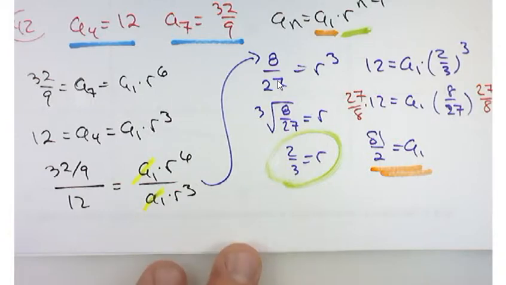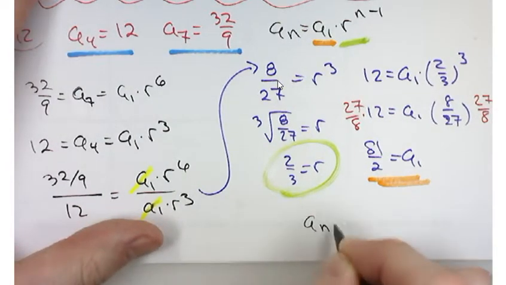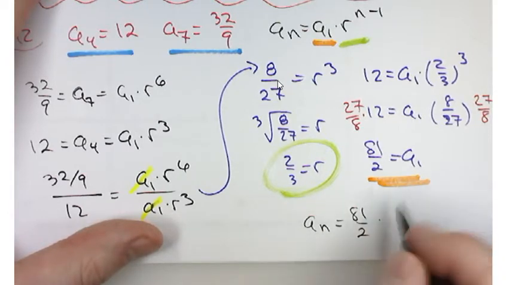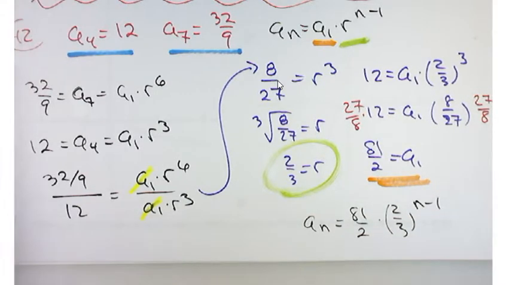We're in good shape. The final answer for this one is a sub n equals 81 over 2 times 2/3 to the n minus 1. Whew. Not bad.